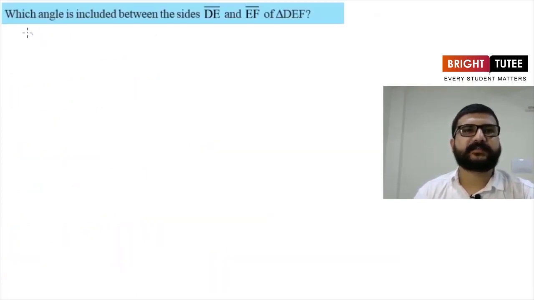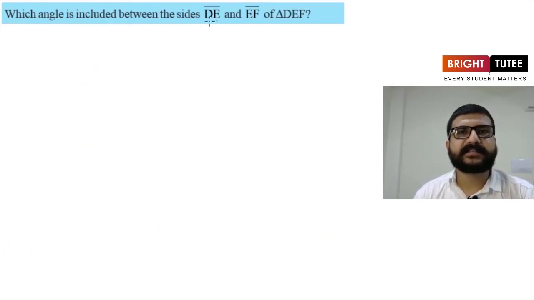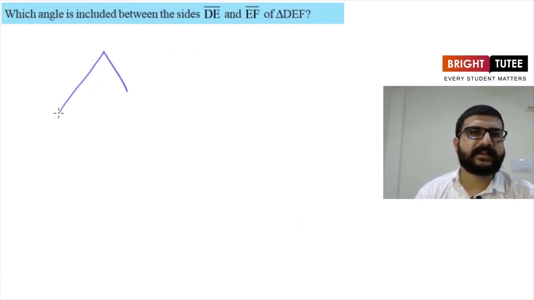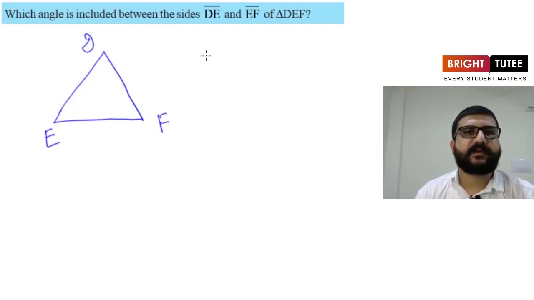Now let's see one more question. The question here is which angle is included between the sides DE and EF of triangle DEF? So for that, let's draw a rough sketch of triangle DEF. Let's say here is triangle DEF. This is D, this is E, and this one is F. Now we have to tell angle between DE and EF.